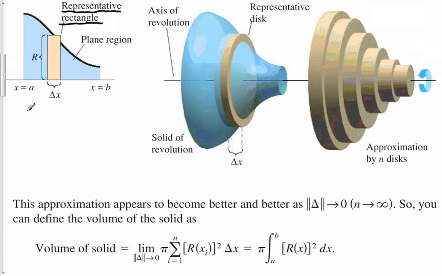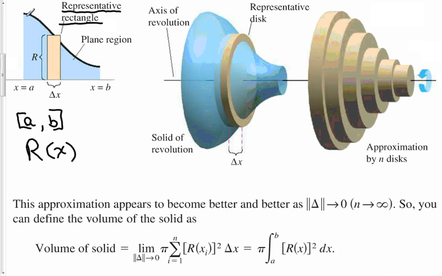So we're looking at this function, the r of x, which gives us the heights of all the rectangles, which is really the radius of our disk. And the x values are going to be between a and b, so we're looking at this closed interval from a to b, and on this interval we have defined some function r of x. And r of x is basically this function right here that defines our plane region.